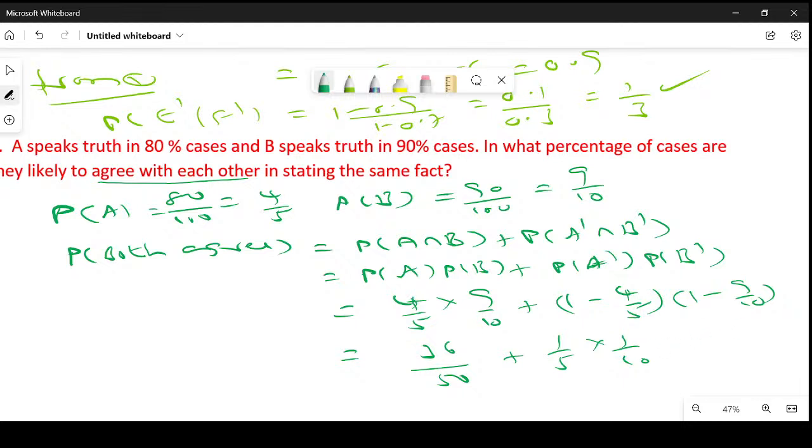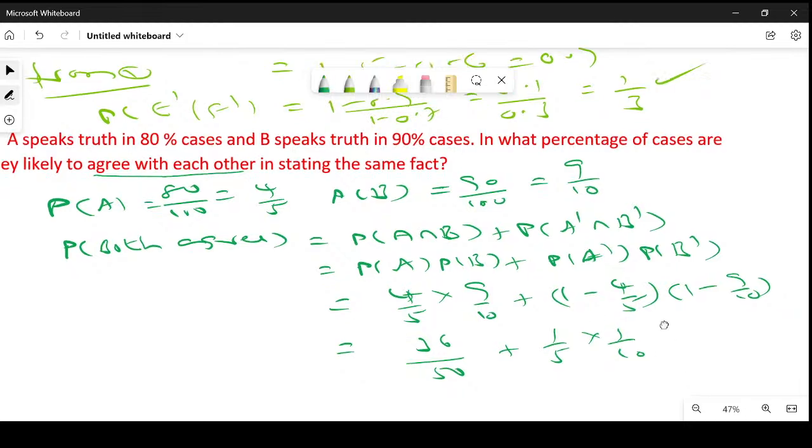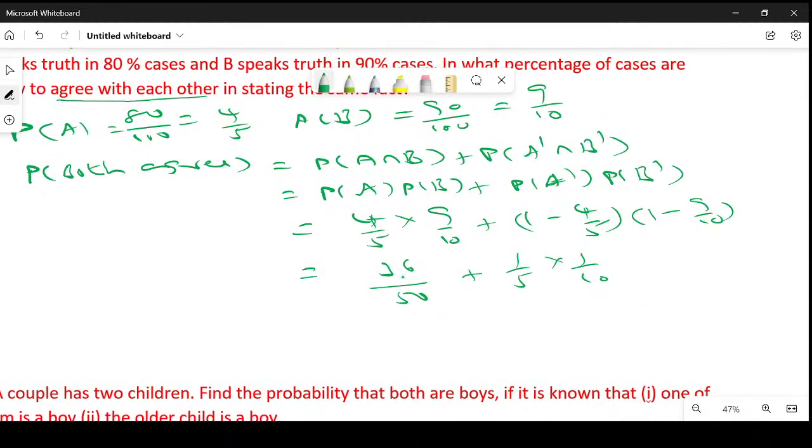Total, you can add this: 36 by 50 plus 1 by 50, so 37 by 50. Correct, we got 37 by 50.